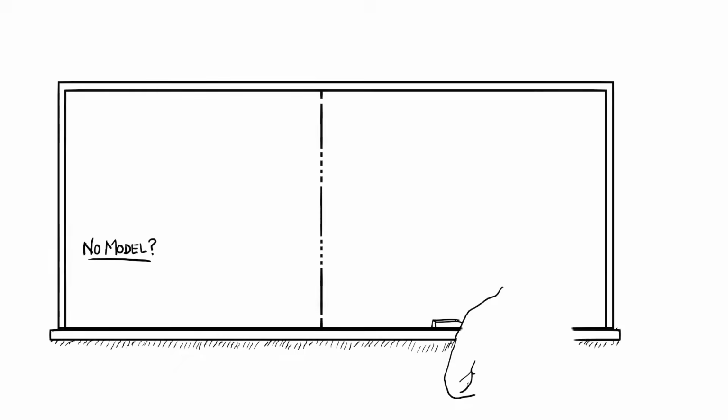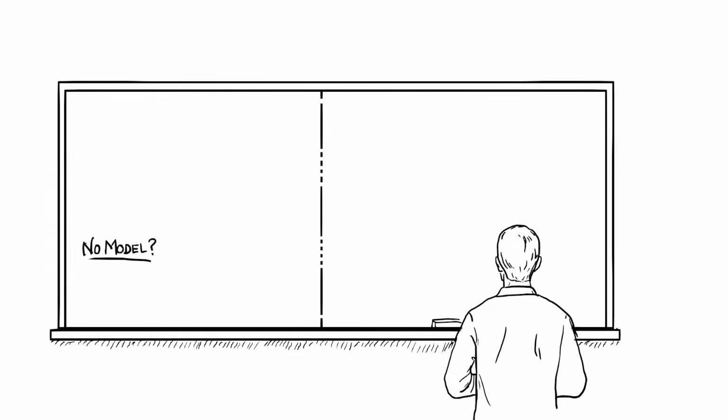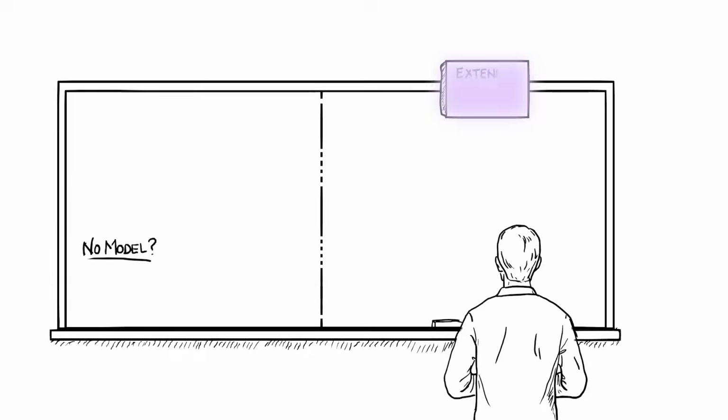So obviously, it's reasonable to wonder, what if we don't have a model at all? What if we genuinely just have no idea about how the system behaves? In that case, the standard Kalman filter can't really help, because it relies on at least some idea of how the system changes from one moment to the next.